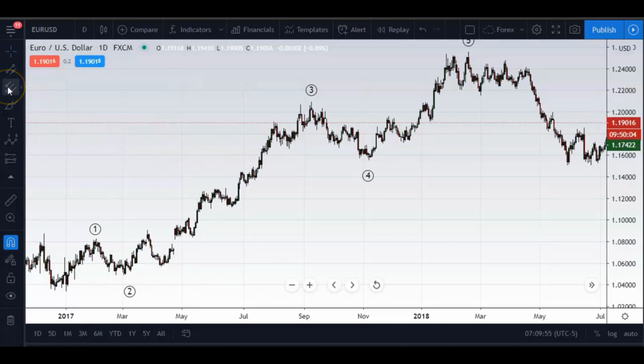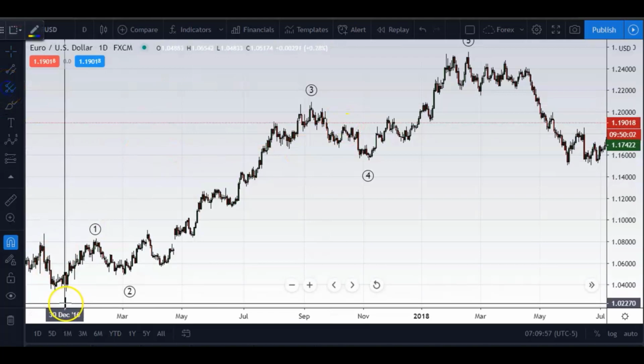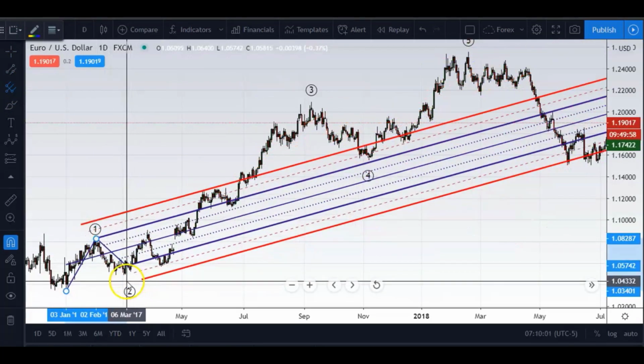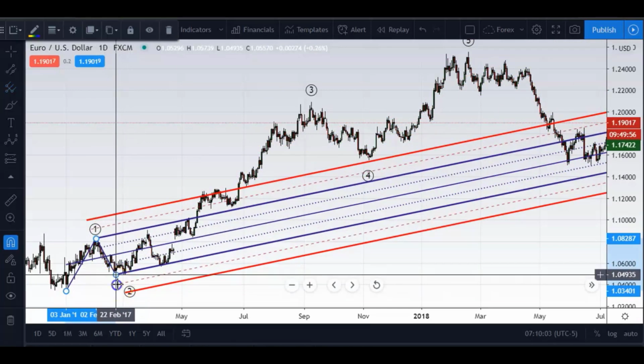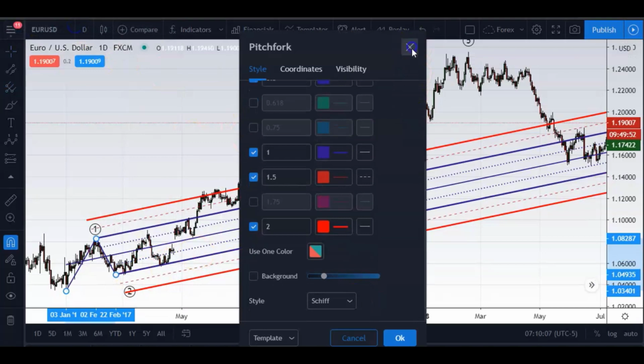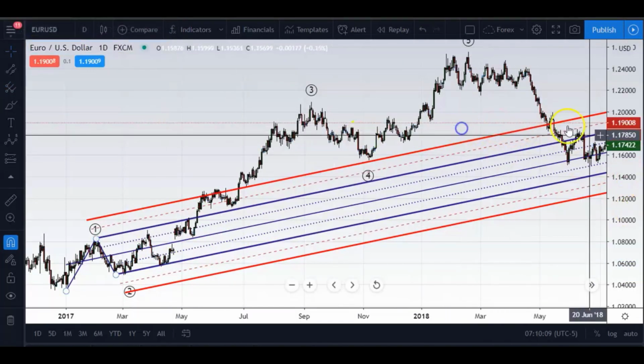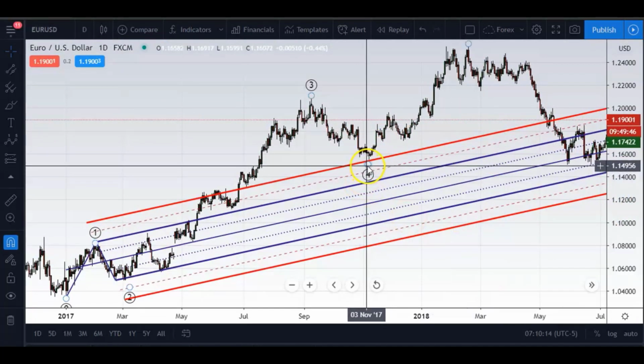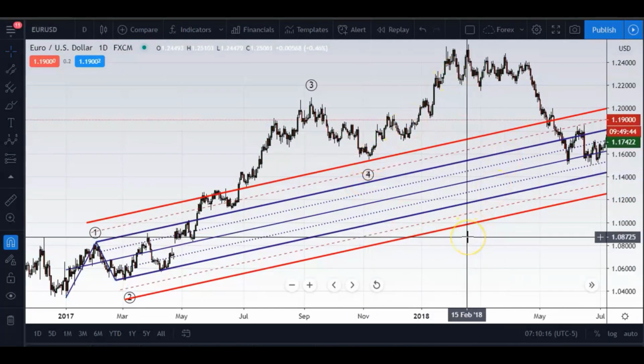Okay, something quick and cool I want to show you here. If we go here to there, and we switch back to, what was it, the shift pitchfork that I used before. There we go. Then you'll see that price very nearly touched that upper red warning line here before it moved to the upside.